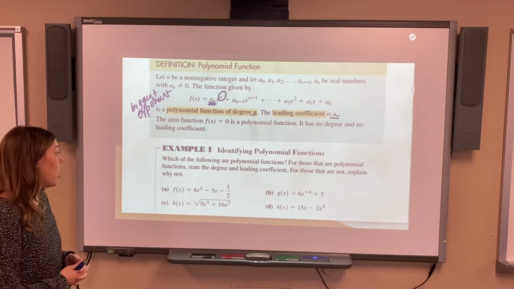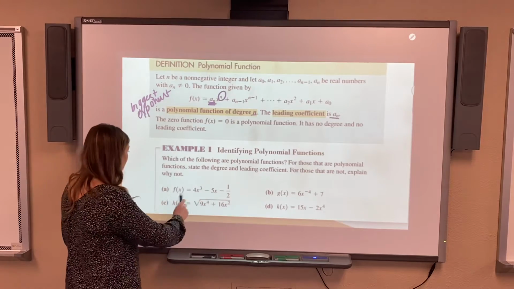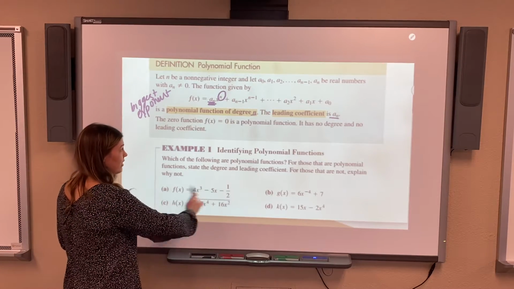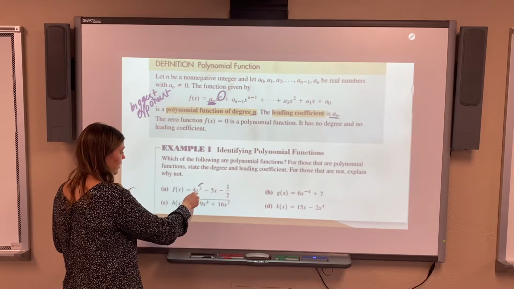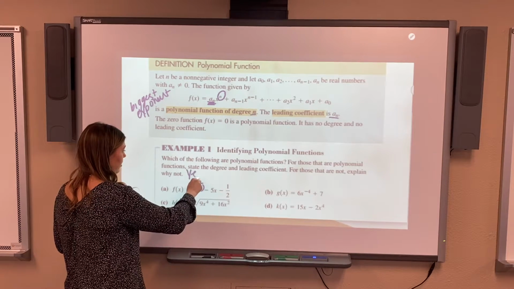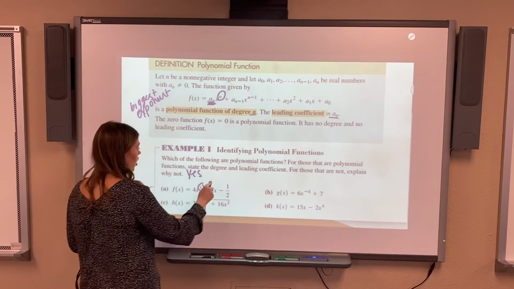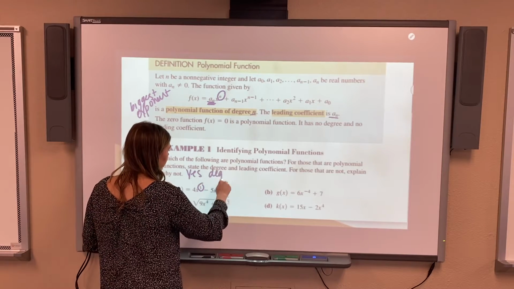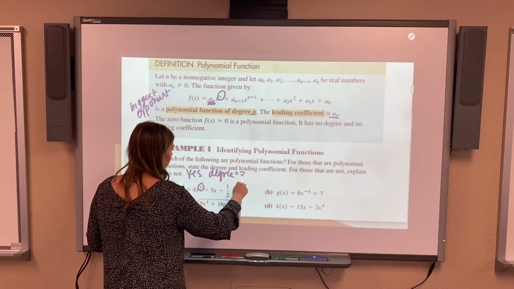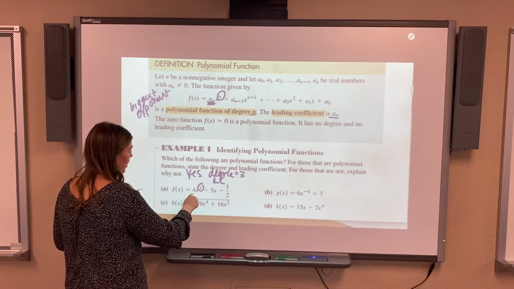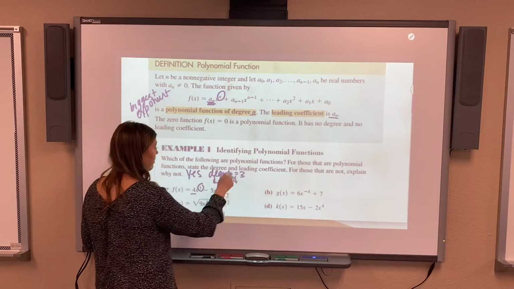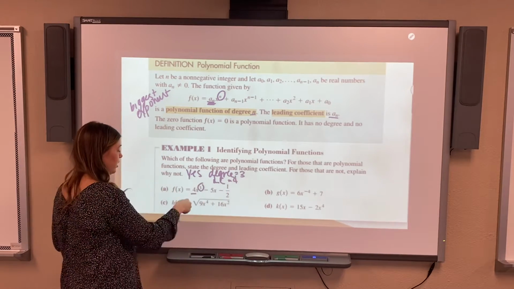We do not have any negative exponents, and our biggest exponent is this 3. So yes, it is a polynomial. Our degree is 3, and our leading coefficient, LC, is the number out front, which equals 4. It's the number in front of where the degree is.